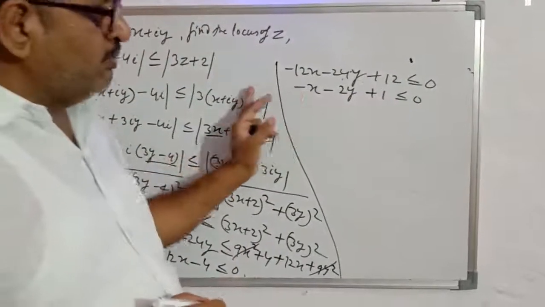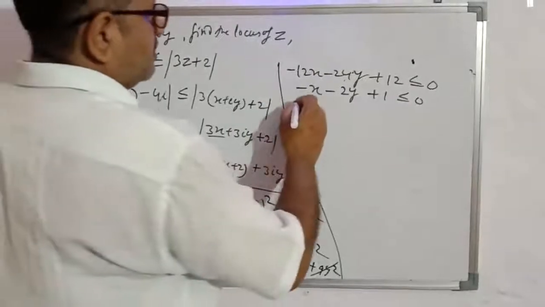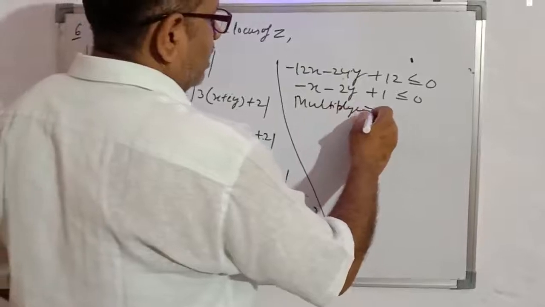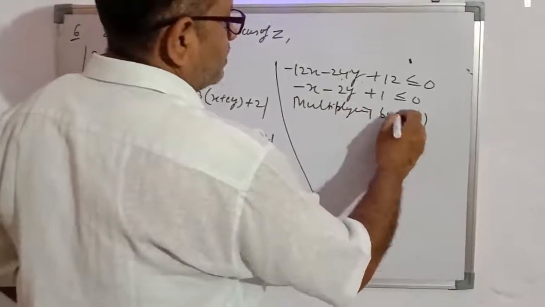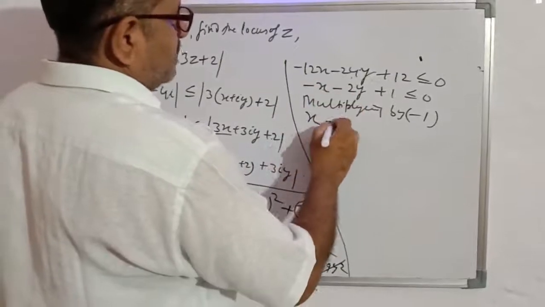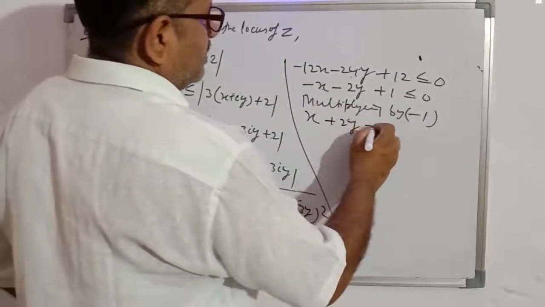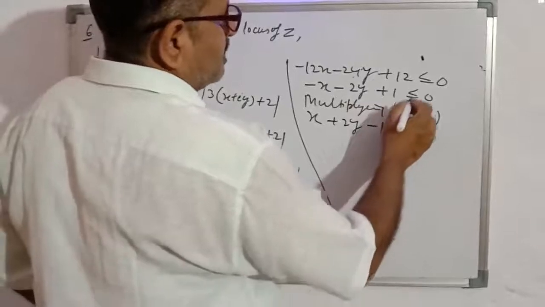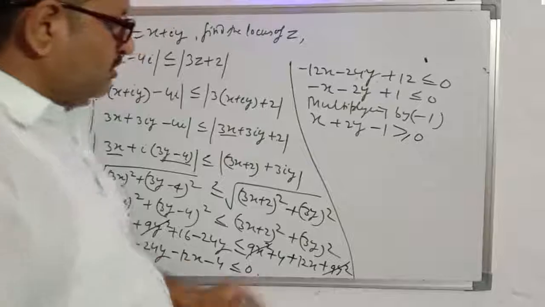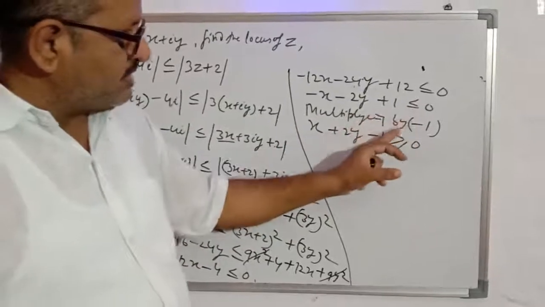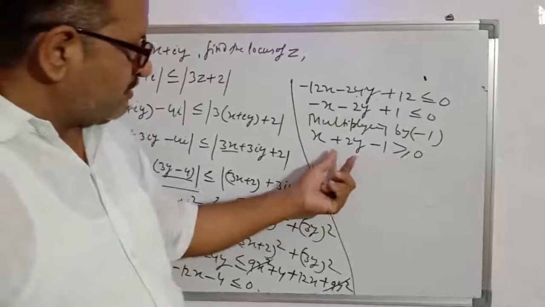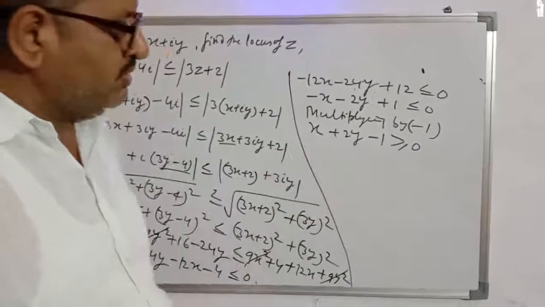Make x positive, so multiplying by −1, it will be x + 2y − 1, and ≤ 0 will become ≥ 0. When we multiply an inequation by a negative number, the inequality gets reversed. So x + 2y − 1 ≥ 0.